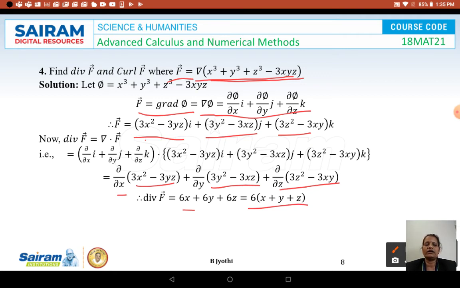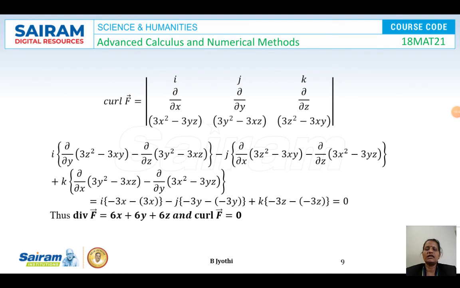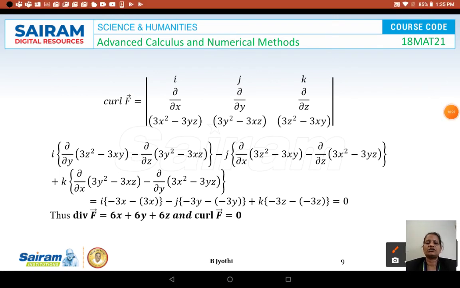Now, next we will find out what curl f is. So, the curl f is given by the determinant where the first row is i, j, k, the second row is dou by dou x, dou by dou y and dou by dou z, and the third row is the components of f.